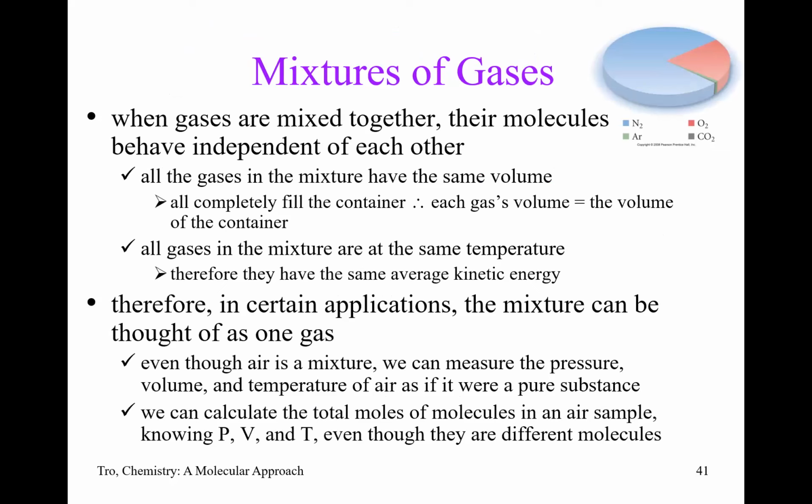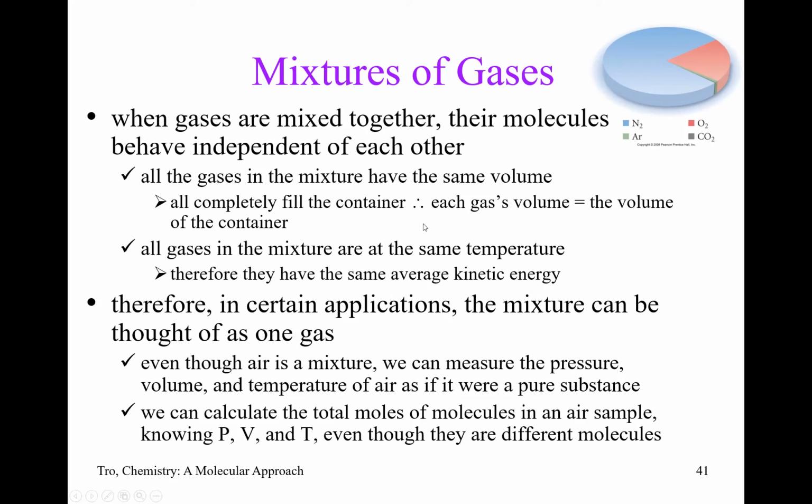Okay, for example, the air we breathe is a mixture, right? Gases mix together, nothing stops them from mixing. We can use the ideal gas law regardless of the gas. So the ideal gas law works when we're just talking about the air that we all breathe, because it works for any gas. So what this means is that if you know information about each portion of the gas mixture, you can just add them together.